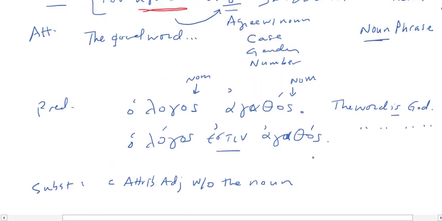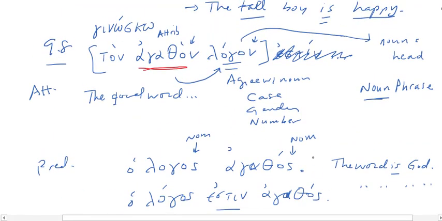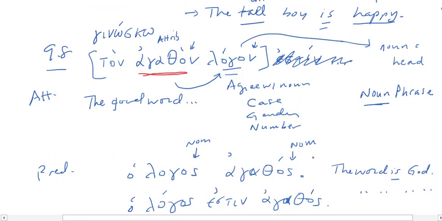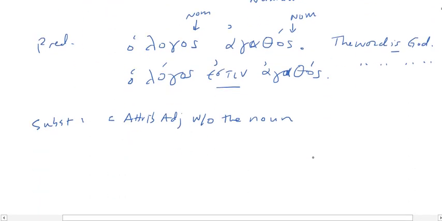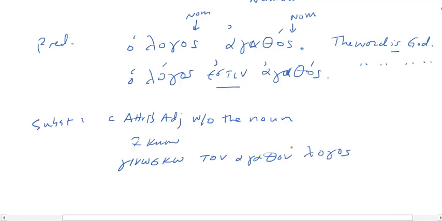So let's take our attributive adjective up here. We had ton agathon logon, right? And we used ginosko as our example. Let's redo that here. What's ginosko mean? I know. Good. And then I have ton agathon logon. This is what kind of an adjective?